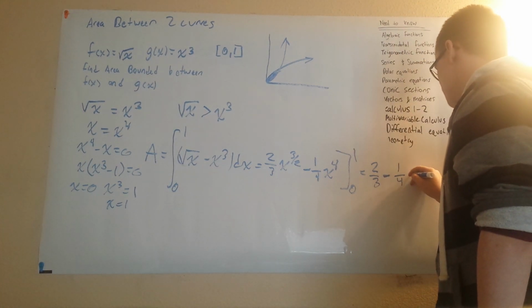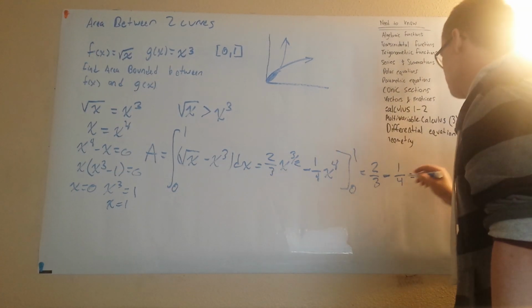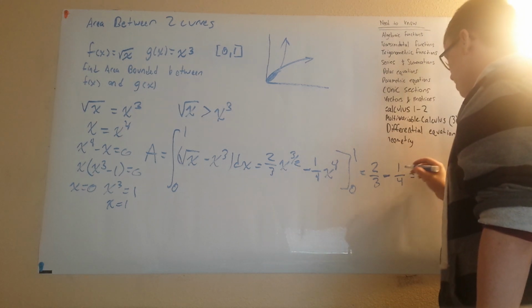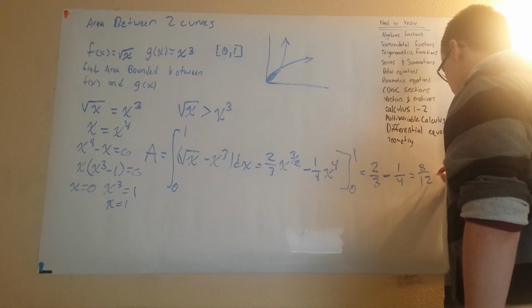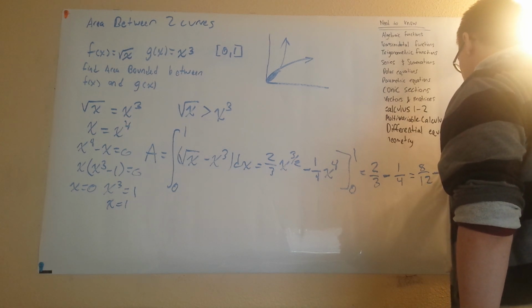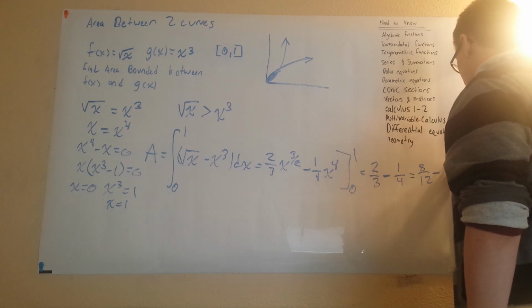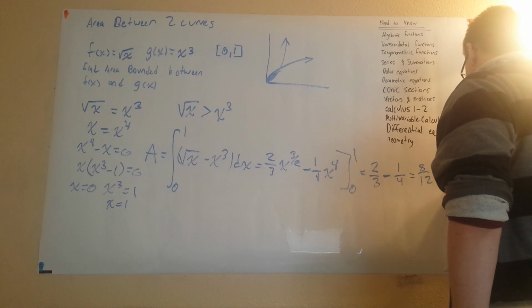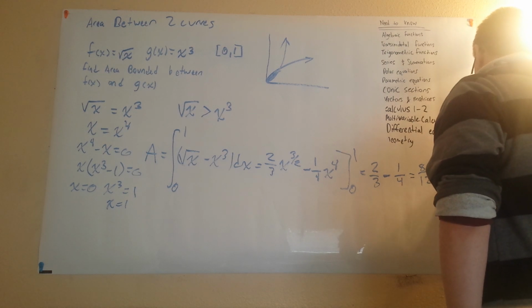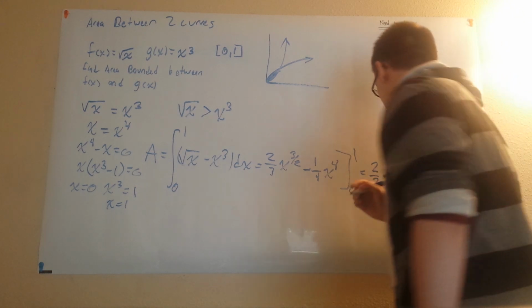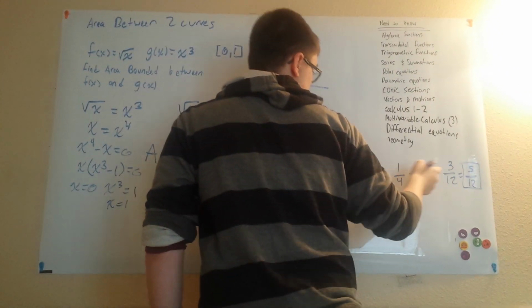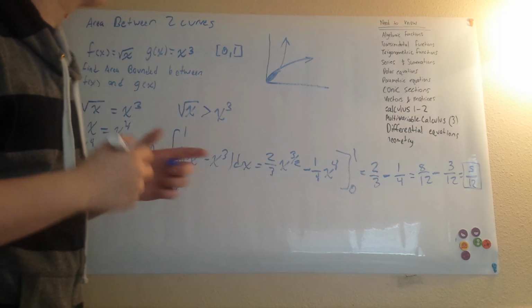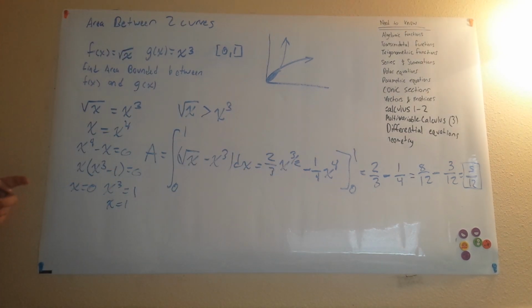So remember, this is the same thing as 8 over 12 minus 3 over 12, which is 5 over 12. That is the area between these two curves.